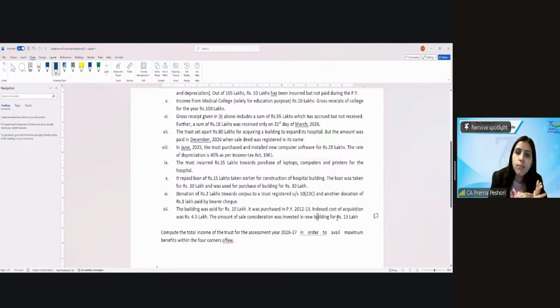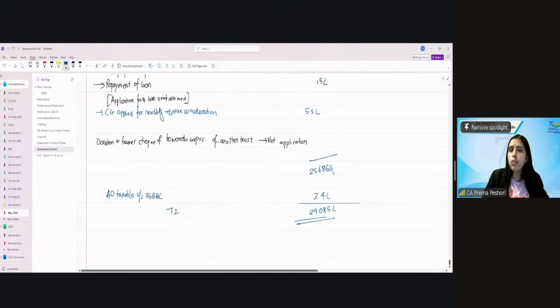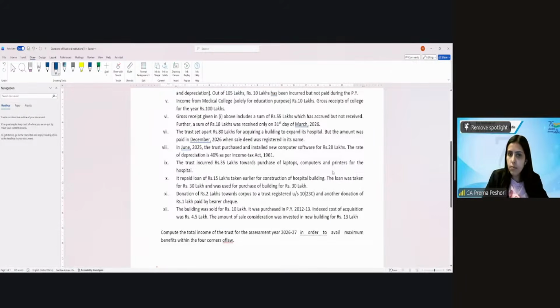But if you take the assumption that this 3 lakh is out of their self-investment, out of the corpus amount, then, because we are not having that information in the question. So let's say the question says that out of this 13 lakh, 3 lakh has been funded out of the corpus of the trust, then you will not consider this as an application. Isn't it? Okay, ma'am.